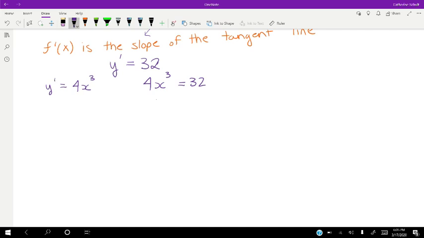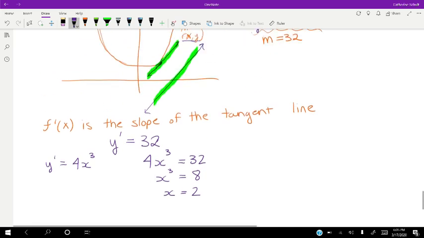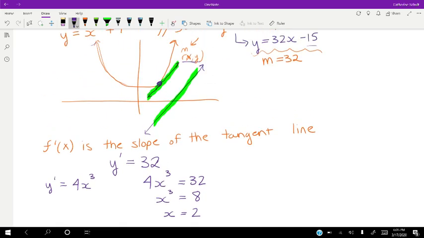Let's solve this. Divide both sides by 4. x cubed equals 8. 2 to the third is 8. So that's going to be, oh, I just gave it away. 2 to the third is equal to 8. So that means x equals 2. X equals 2. So that means, let's go back up to our drawing. That means this point right here happens when x is equal to 2.